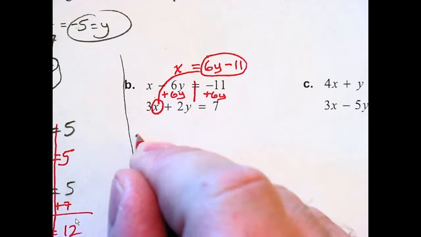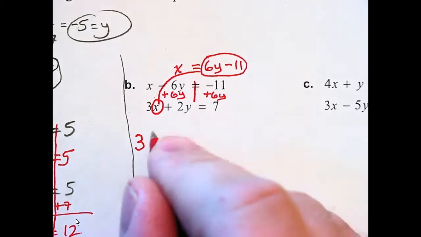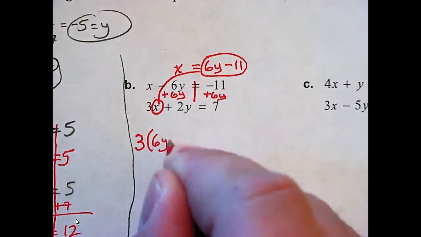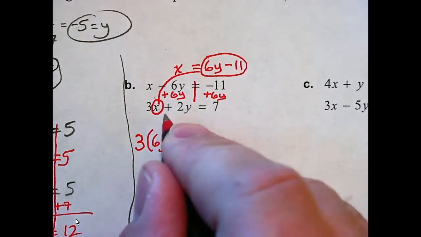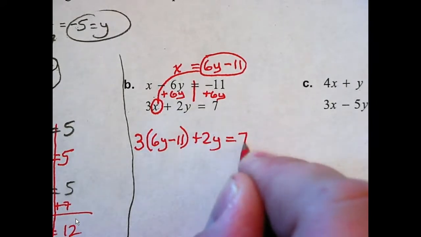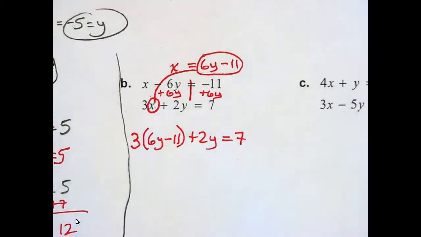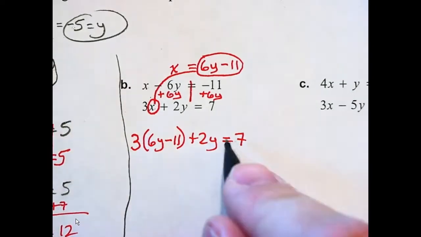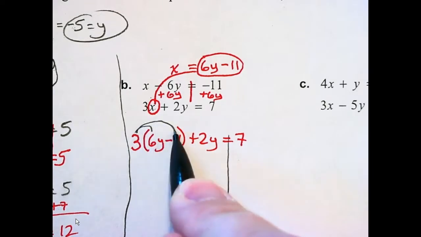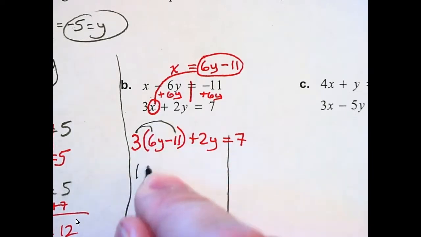Resulting equation. 3 times, the x is no longer x. It's 6y minus 11. We have the plus 2y. And they equal 7. Go through and solve. Distributive properties, so stuff we've done earlier in the year.